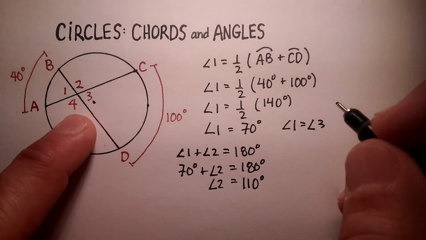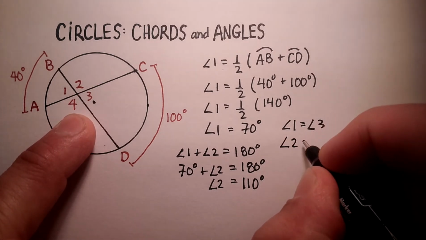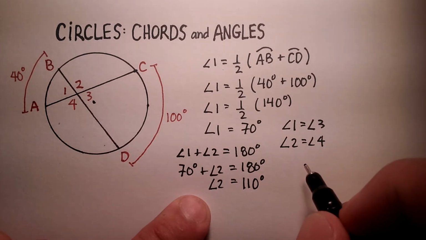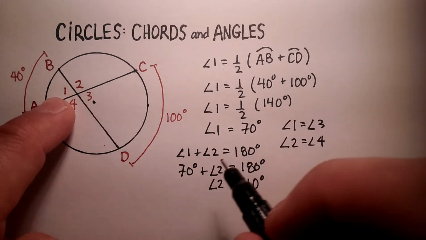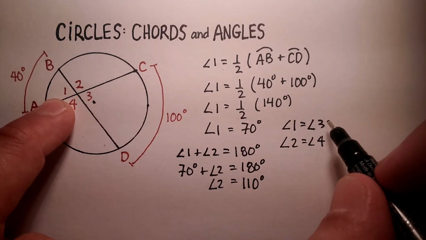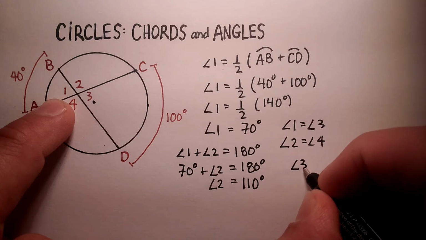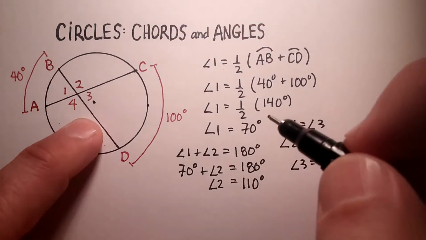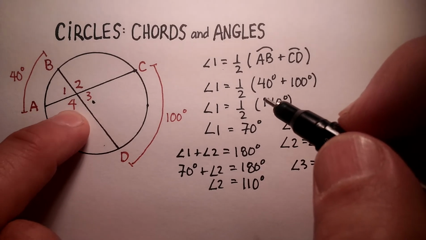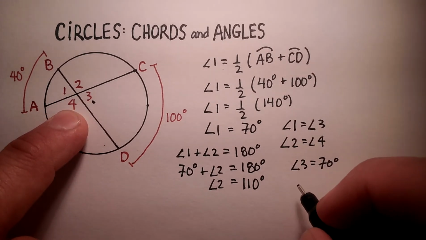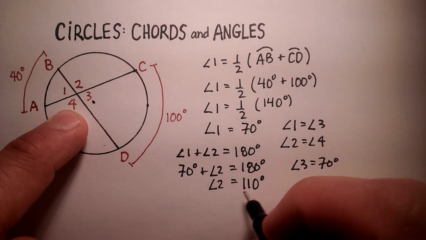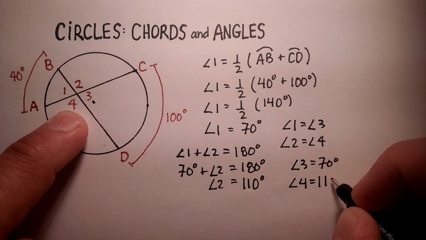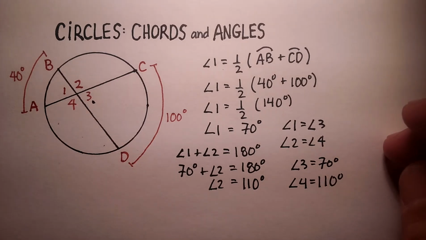In the same way, angle 2 and angle 4 are also vertical angles. So let's go ahead and start substituting numbers in. We know that angle 1 is equal to 70, therefore angle 3 is equal to 70 degrees. We know that angle 2 and angle 4 are equal, and since angle 2 is equal to 110 degrees, angle 4 is equal to 110 degrees.